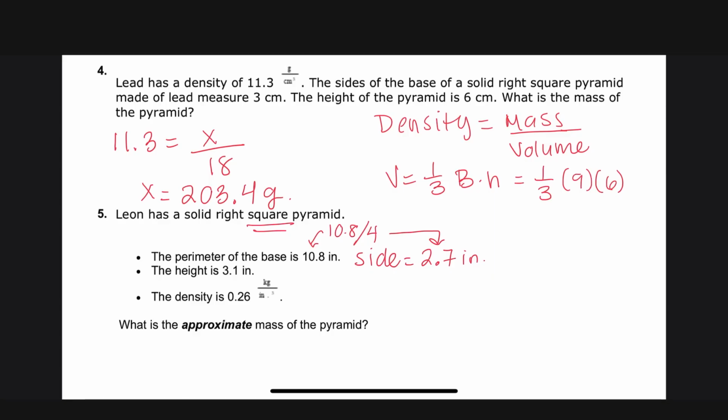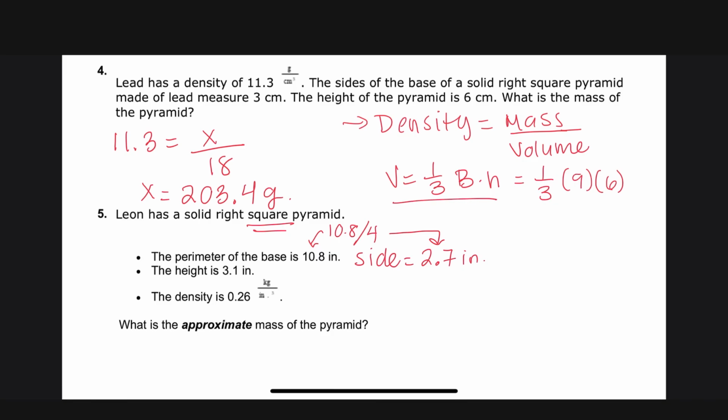So I need to figure out the mass of the pyramid. So I'm going to have density is equal to mass over volume. So the same formula there. So I'm going to have 0.26 is equal to mass over volume. So I do need to find the volume. It's still a pyramid, so it's going to be the same formula.